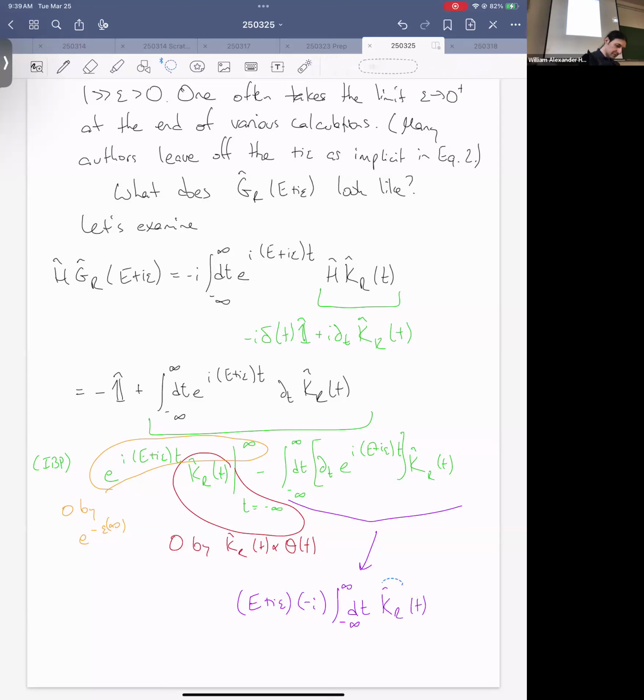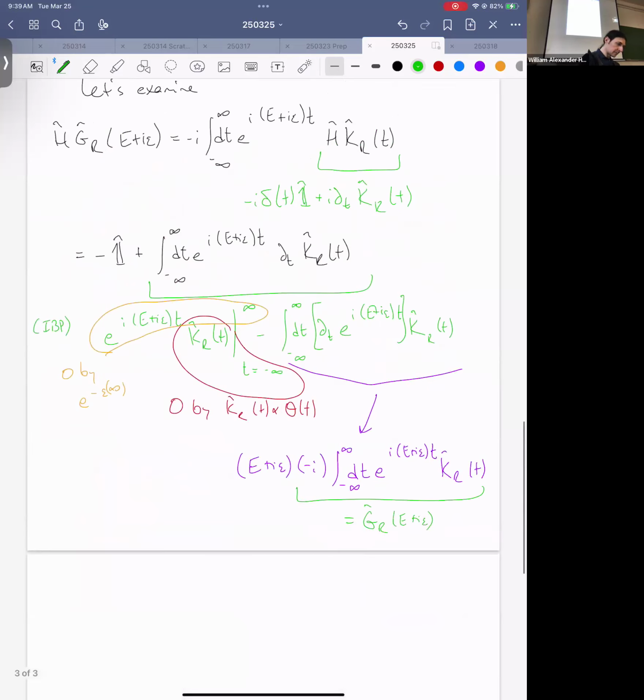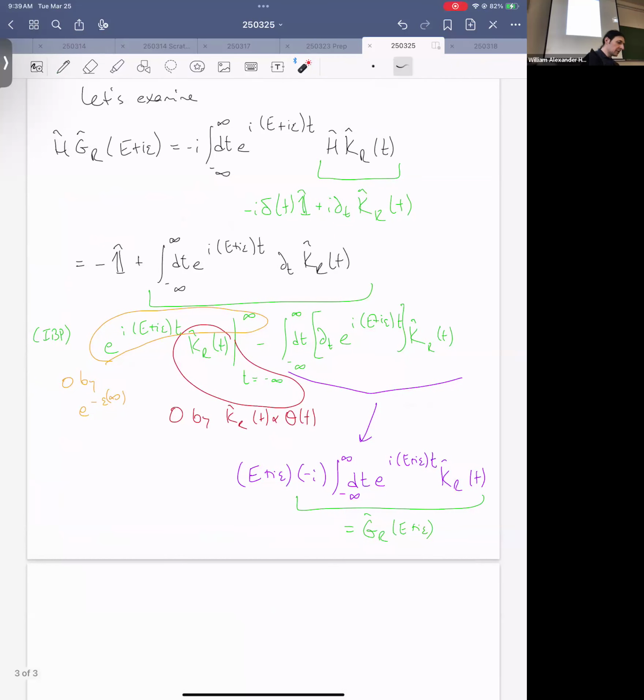Oops, I missed a crucial part, which is the Fourier bit, e to the i, e plus i epsilon t. And this piece here is precisely the resolvent that we had defined before. This retarded resolvent. Okay, so putting the pieces together, the Hamiltonian acting on the retarded resolvent gives me minus 1 plus the retarded resolvent again.